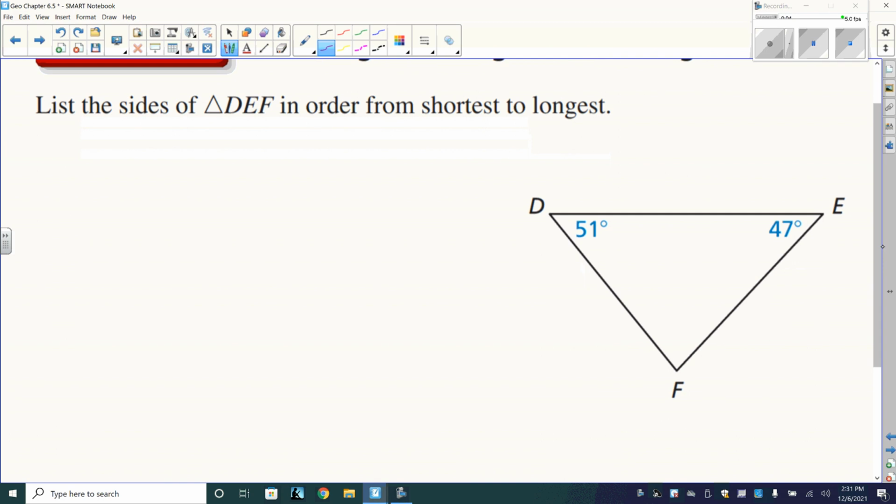Okay. Let's look at this one next. So this is not asking for angles, but side lengths. Now, do we know what all three angles are? Well, not yet, but we do know that any three angles in a triangle add up to be 180. So we can add 51 and 47 together.